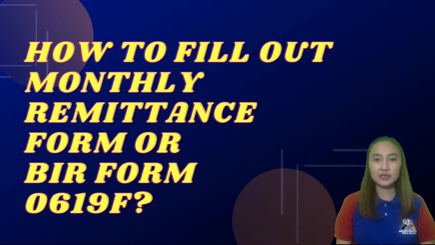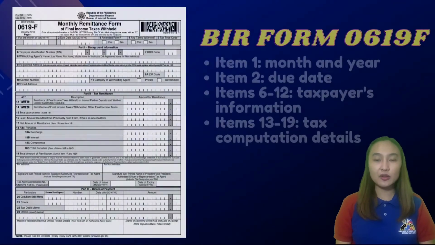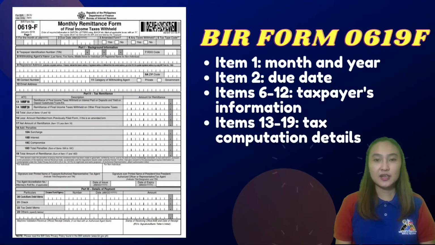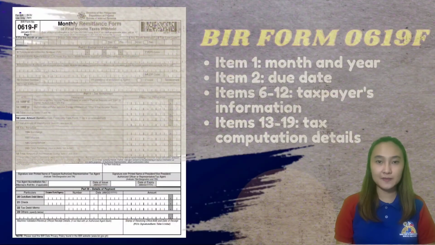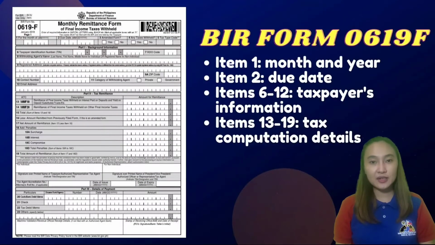How to fill out monthly remittance form or BIR Form 0619F. Fill out all the important details. Write the applicable month and year on item 1 corner, and write the due date on item number 2.